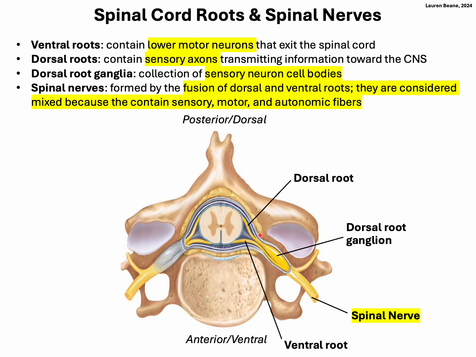The ventral roots contain lower motor neurons and are exiting the spinal cord. Dorsal roots contain sensory axons. Also, there's a dorsal root ganglion, a collection of sensory neuron cell bodies. Those roots then blend together to form a spinal nerve, which is mixed due to the fusion of sensory and motor. Right? There are also going to be some autonomic fibers in there as well.